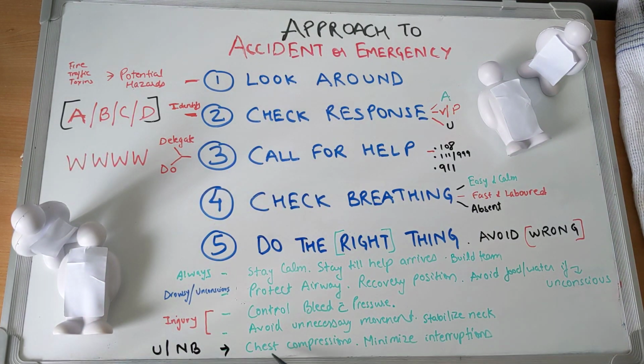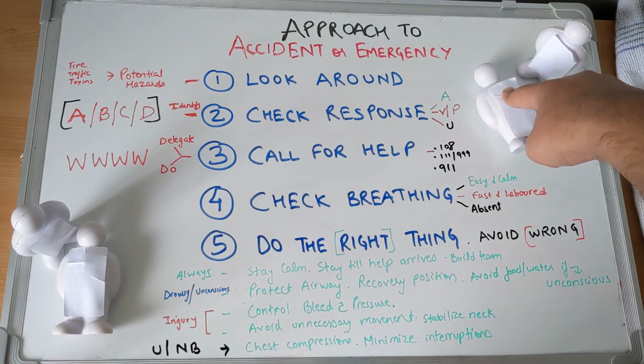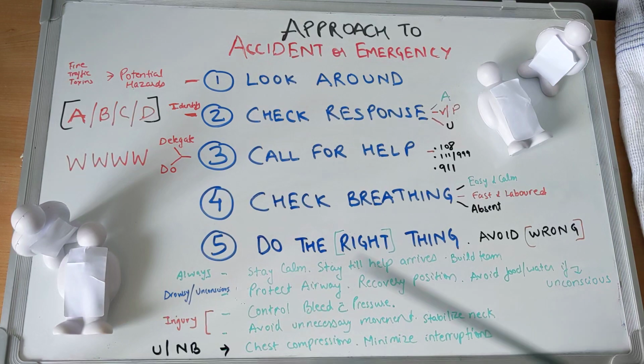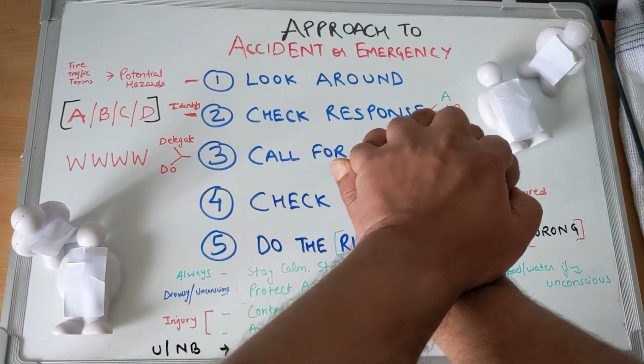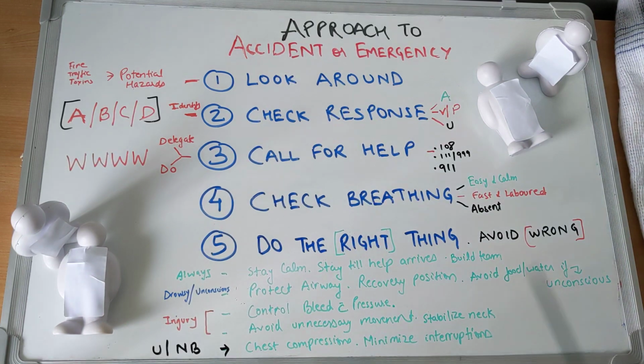So what you ensure is CPR, and the only thing that you need to remember is push hard, push fast, chest compressions right in the center of the chest. You should be using your hand grip like this in the center of the chest of the person, and push hard, push fast, minimize interruptions.